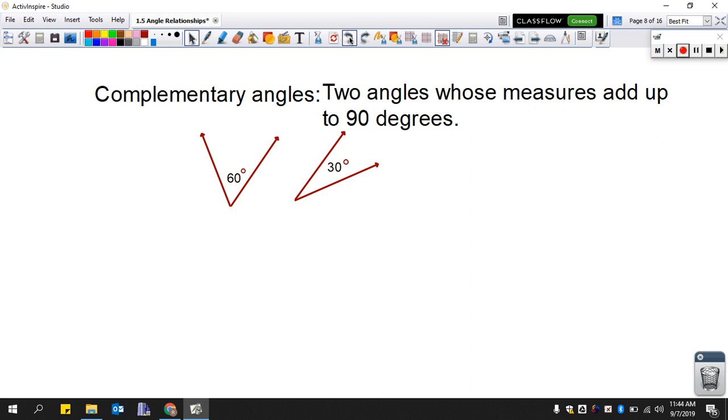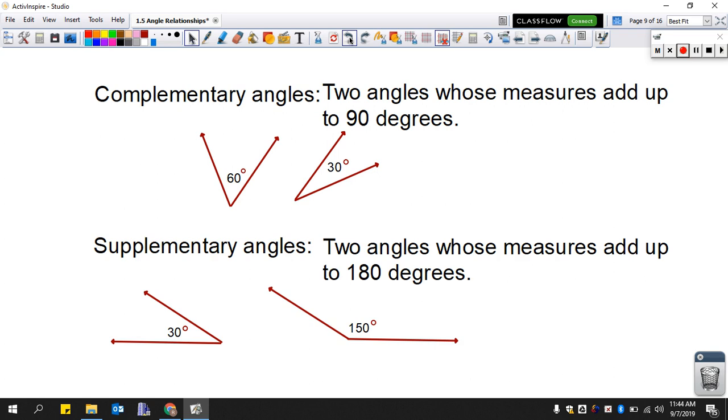Right? Along the same lines, if I have supplementary angles, I have 2 angles that add up to 180 degrees. If I have a 30-degree angle and a 150-degree angle and I combine them, I end up with 180 degrees, which forms a straight line.